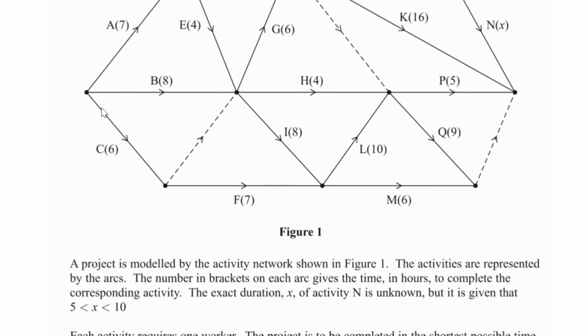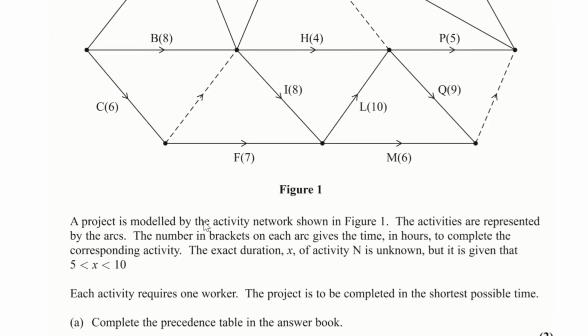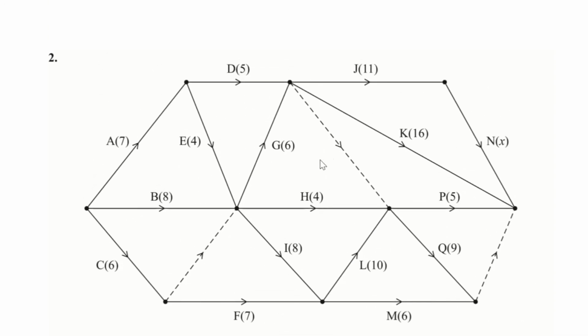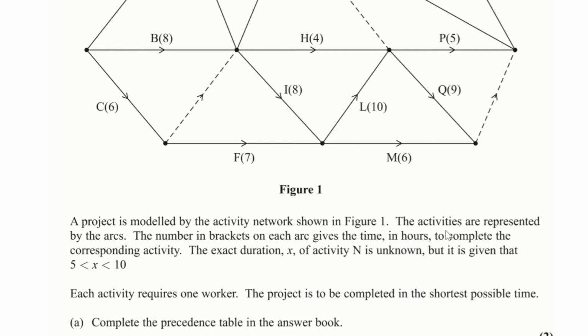Question number 2. A project is modelled by the activity network shown in figure 1. So figure 1 here shows an activity network. The activities are represented by the arcs. The number in brackets on each arc gives the time in hours to complete the corresponding activity.